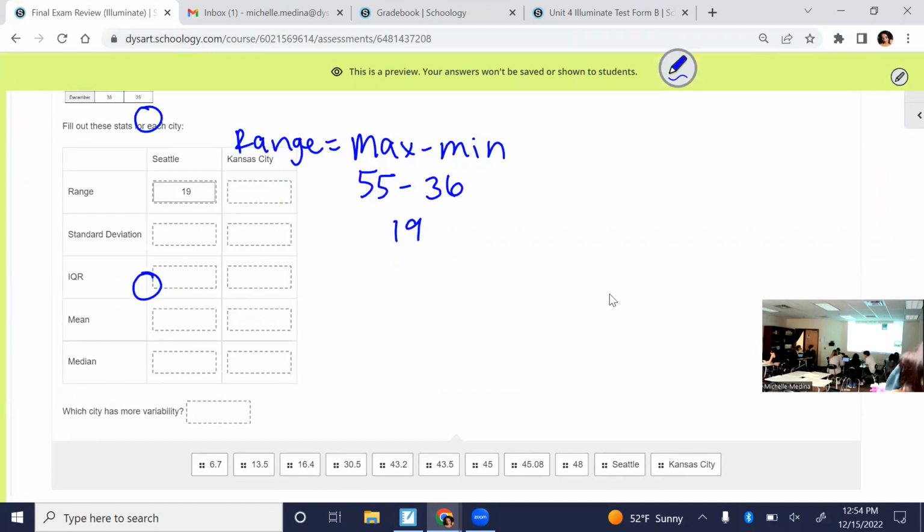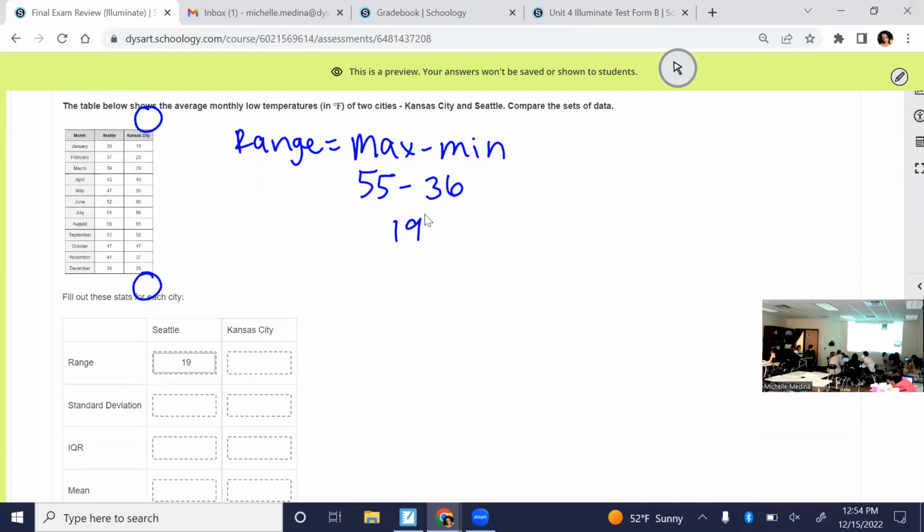Now, standard deviation. There's a way to do it by hand, but I didn't teach it to you by hand. How did I tell you to find standard deviation? And you usually don't learn it by hand in Algebra 1, by the way, but in Algebra 4. But what's the only way we know how to calculate standard deviation? By using Desmos.